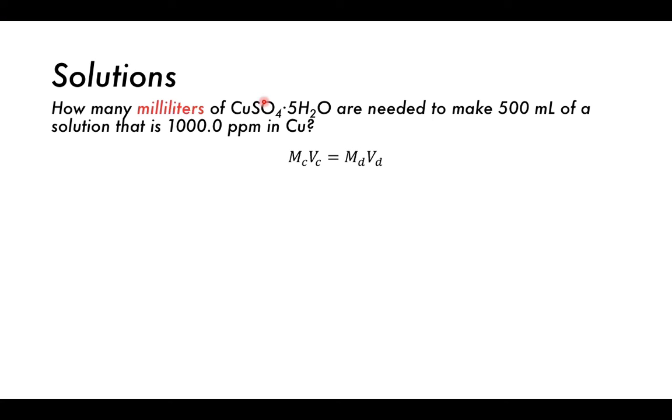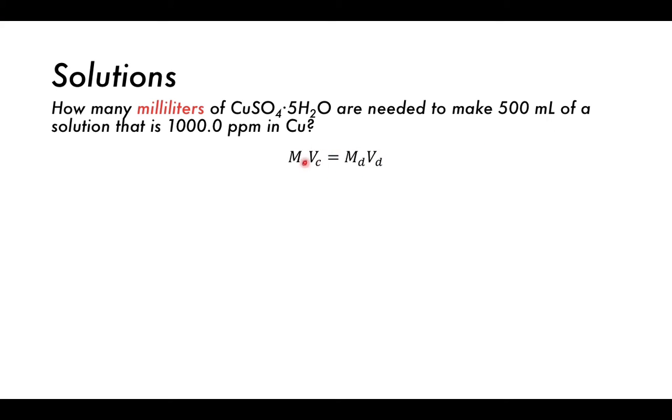The relationship is: the molar concentration of the concentrated solution times the volume of the concentrated solution is equal to the molar concentration of the dilute solution times the volume of the dilute solution. We have the concentration here, which is 10,000. We have the concentration of 1,000 in the dilute case, and we have the volume of 500 milliliters of the dilute case as well.